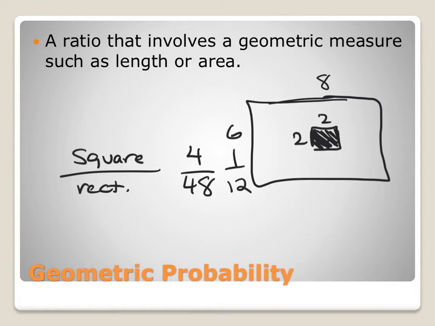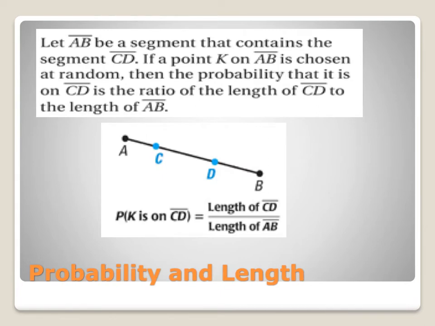So let's try. Now, in addition to shapes, we're also going to be finding the probability for line segments. So here it says, let AB be a segment that contains segment CD. If a point K on AB is chosen at random, then the probability that it is on CD is the ratio of the length of CD to the length of AB.